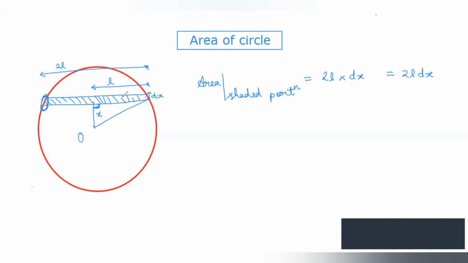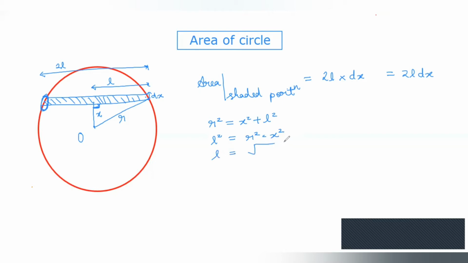Now we can simply calculate the L in terms of x and r by applying Pythagoras theorem. So let's do that. R square will be equal to x square plus L square. So the value of L square will be R square minus x square.